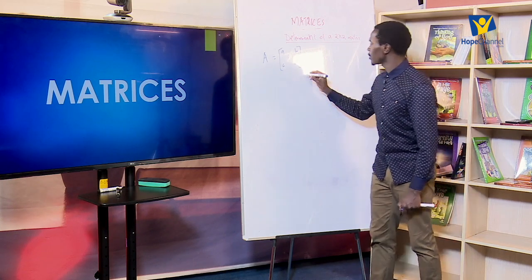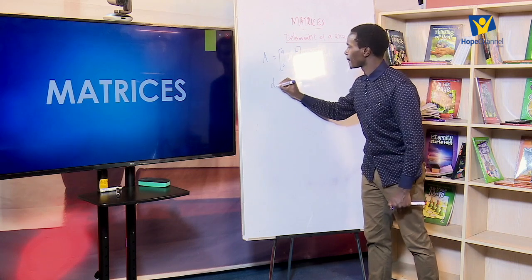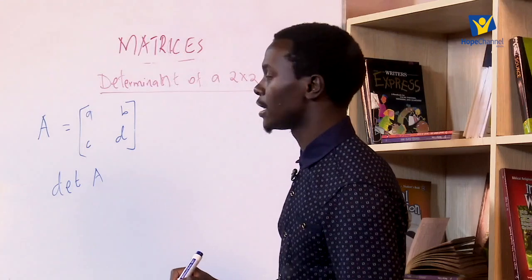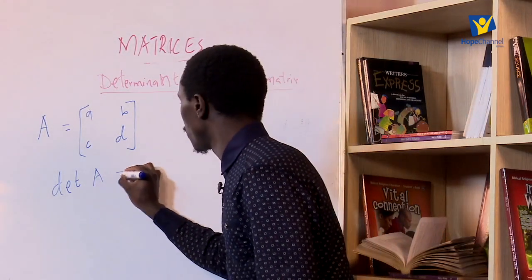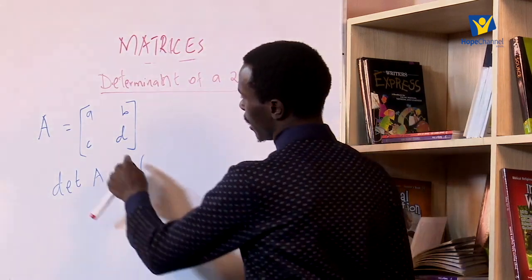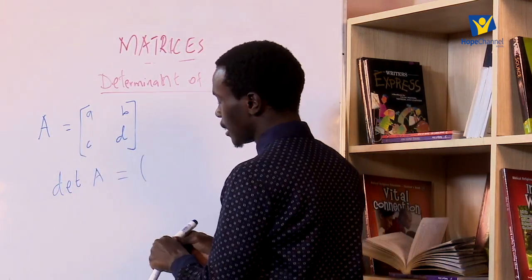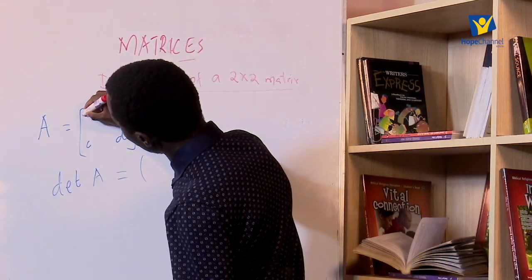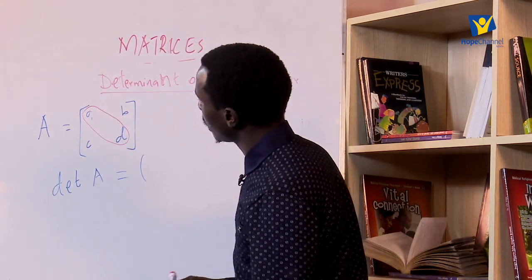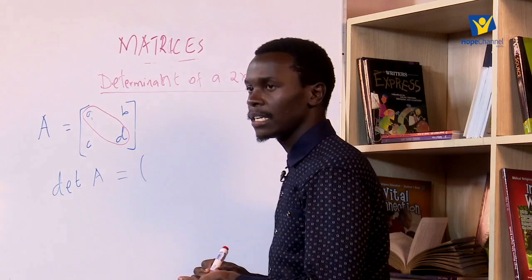Now the determinant of A, now I'm using DET to represent determinant. The determinant of A is obtained as an expression. Now we have this leading diagonal. I had indicated earlier that the elements in this diagonal right there are in the diagonal known as the leading diagonal.